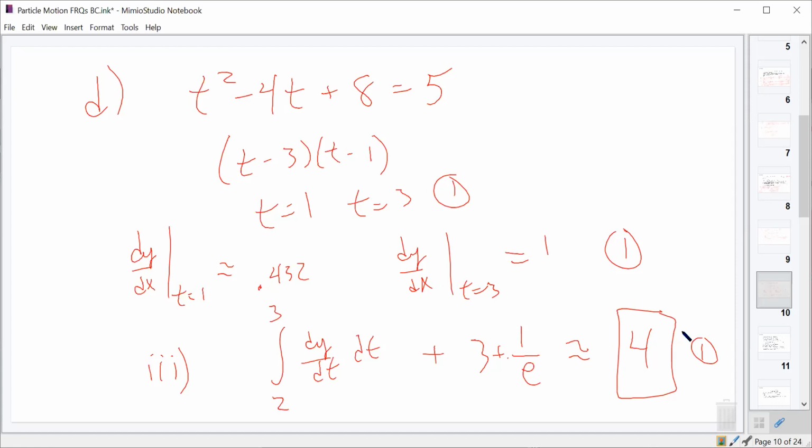Good or no? Any questions on that or any of the other particle motion problems that we have done, or haven't done, I guess? Everyone's good? It doesn't matter if I pick 3 or 1.